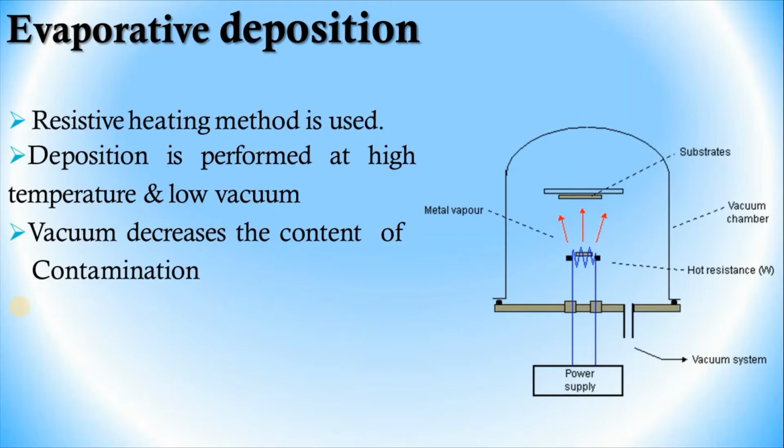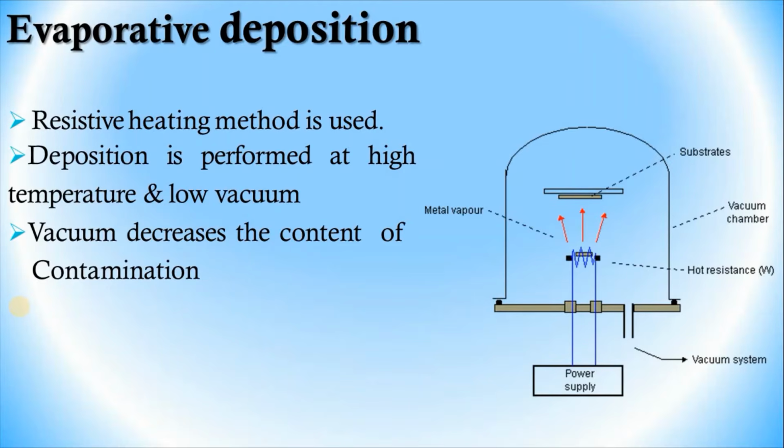The vapors are transported through the vacuum and get deposited on the substrate, which is placed above the source. It consists of a thermal evaporation source to vaporize the metal and the substrate, which is located at an approximate distance facing the evaporation source.